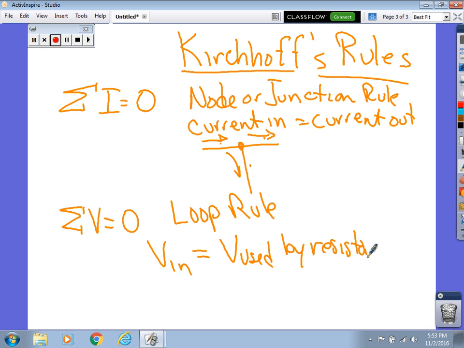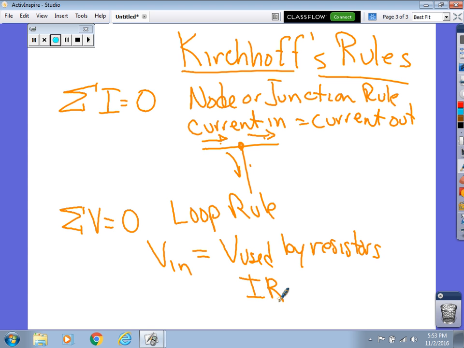It's that simple. The voltage used by the resistors, we're going to call I times R. In other words, you're using Ohm's law. Or if you really want to get heady with this, we're talking about conservation of energy. Whatever energy you put in has to be used by those resistors.